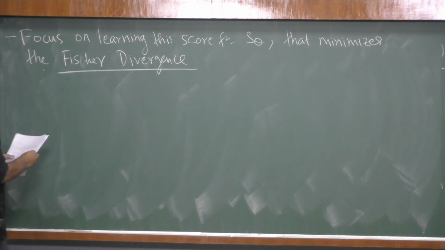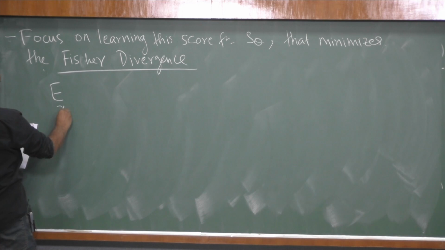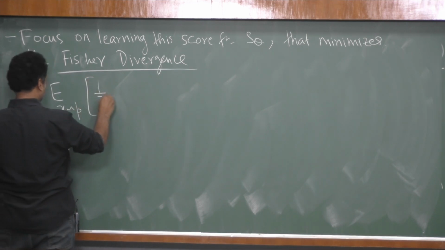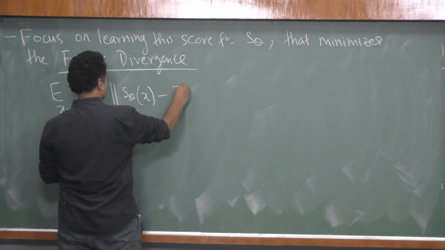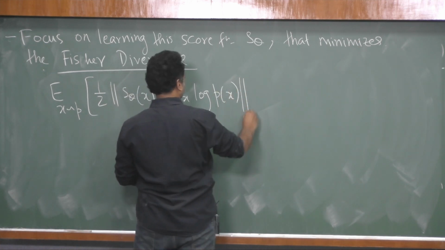Which is defined as follows: expectation of x from density p, half of the norm of, so this is like the L2 norm we are defining as an objective of this optimization problem, s theta of x minus grad x log px.